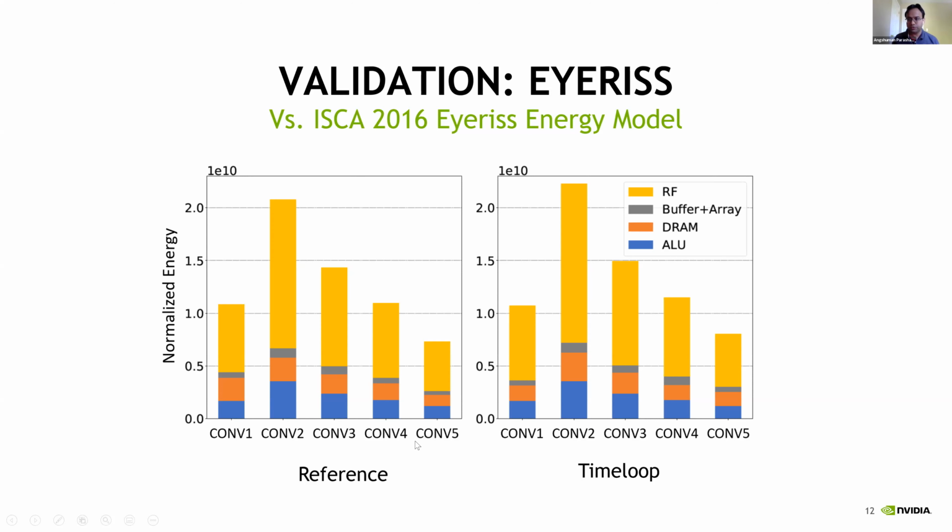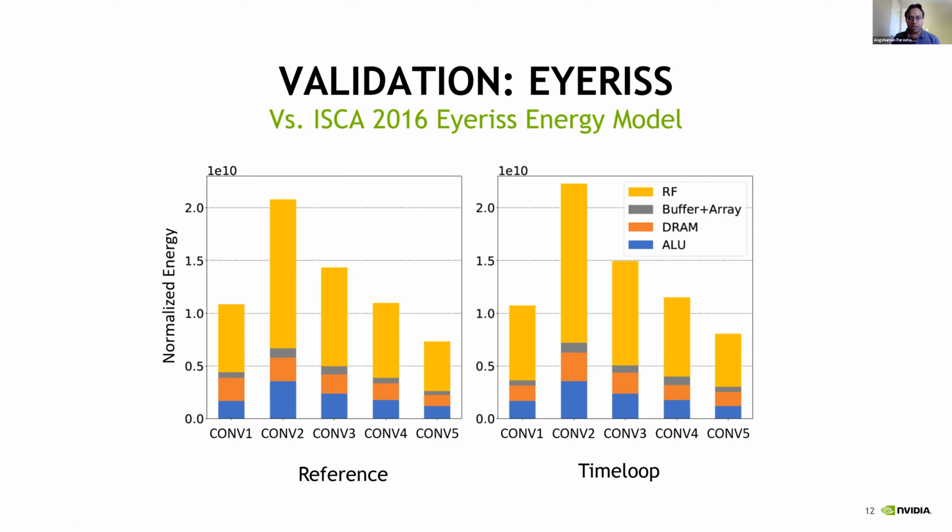The x-axis shows a set of workloads, and the y-axis shows normalized energy. And each of these colors shows a particular component of the architecture. And so this is an energy stack. And what you'll see is that roughly we're within 5 to 10% error for almost each of the workloads here.